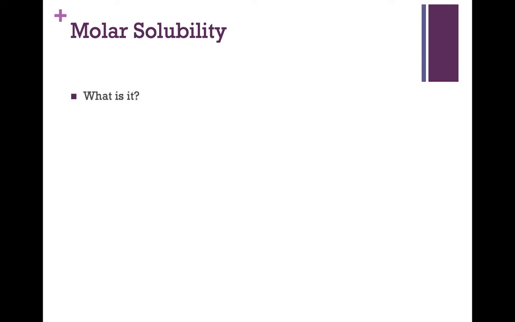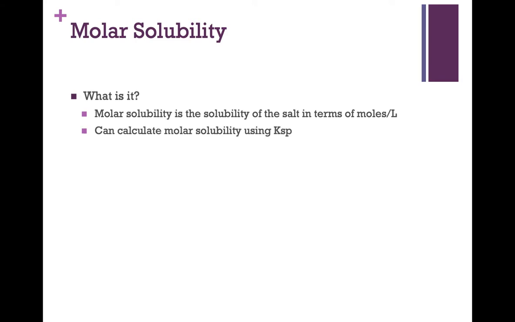It doesn't have units, whereas molar solubility is the amount of your solid that will dissolve in 1 liter of solution. That's the way I always think about it. So it is listed in units of moles per liter. It's the moles of your solid that will dissolve in the 1 liter of water, and it's effectively in units of molarity. So it's called the molar solubility.